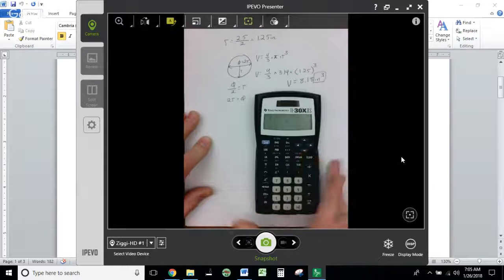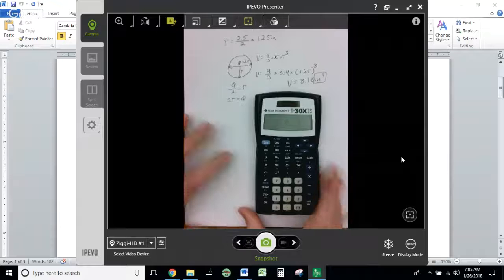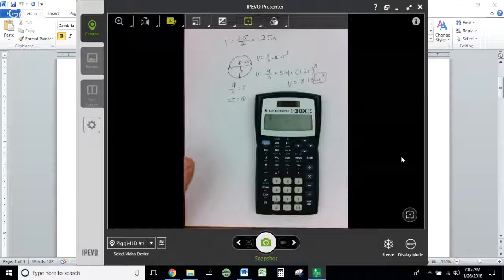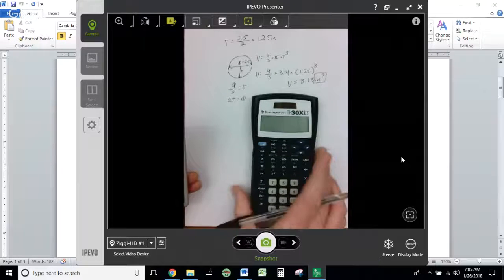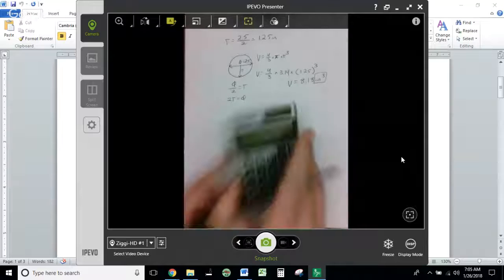Now, what if I have a basic calculator and I really don't know how to do this without? So let's go over here.